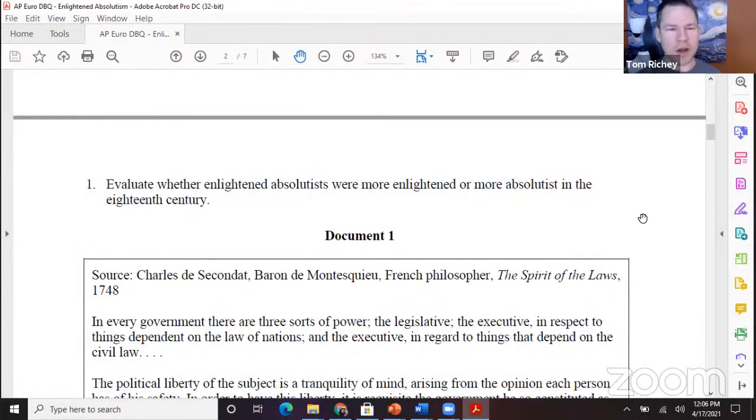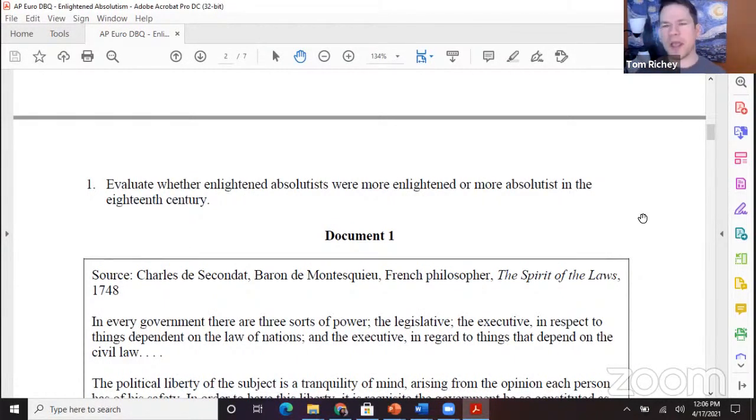Enlightenment and absolutism don't seem to play together well at first glance, but in the 18th century there are absolute rulers who are trying to apply the principles of the Enlightenment.